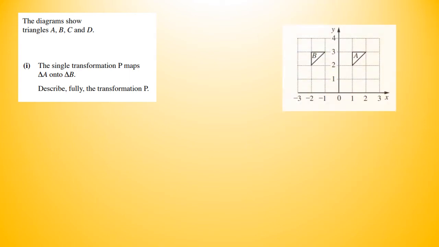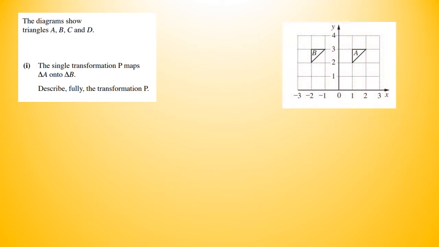The next part of the question: the diagram shows triangles A and B. In this case, C and D are there in the next part of this question. So the diagram shows triangles A and B. The single transformation P maps triangle A onto triangle B. Describe fully the transformation P. Now they are talking about the single transformation.